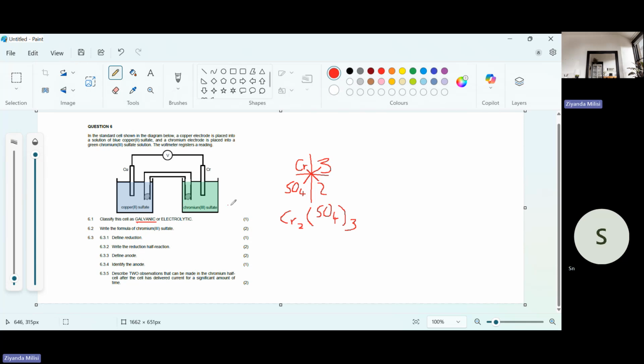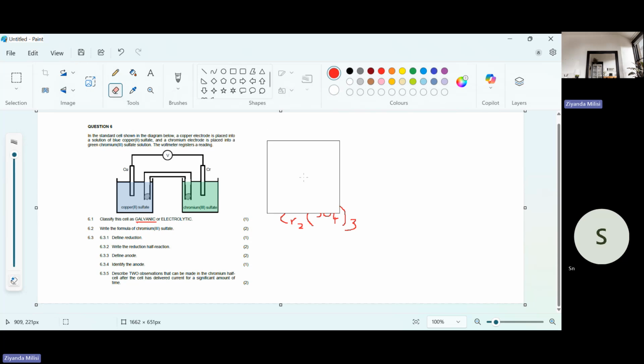Okay, it's important. Let's identify our half reactions here. We need copper 2 and chromium. We are going to look for these electrodes.